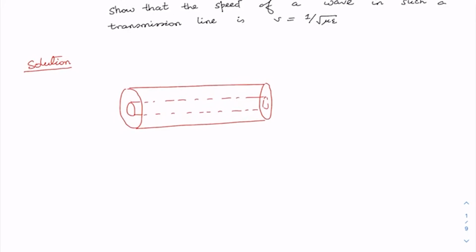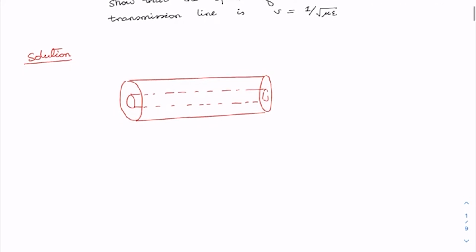This coaxial cable has a circuit representation, in which it is represented by a resistance R in series with the inductor L, and then we have this conductance. In the class we have taken a very simplified model of the transmission line, but if I do it rigorously, then that's how we'll do it.